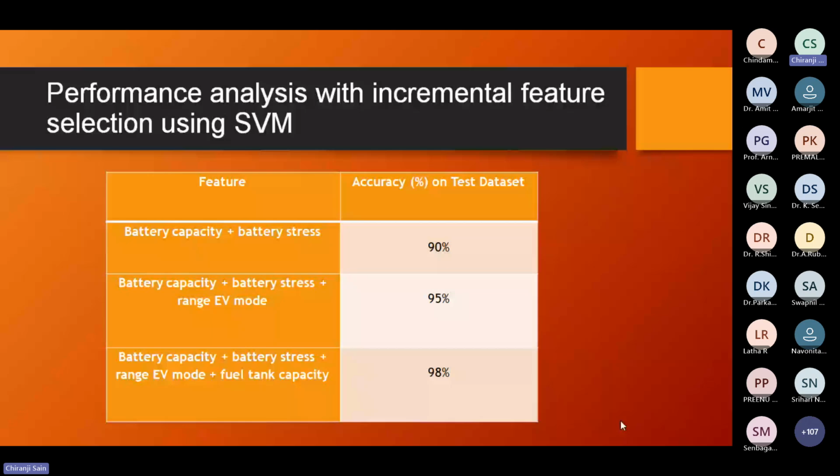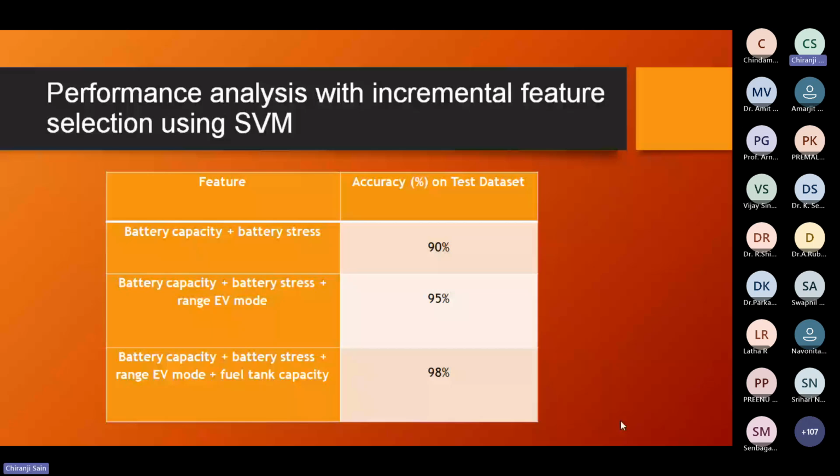Additionally, when the battery capacity, battery stress, and the range of EV mode are integrated together, the accuracy could be enhanced to 95%. And thirdly, when the battery capacity, stress, range, and the fuel tank capacity, the four features in the vector set, are taken into consideration, the accuracy is enhanced to 98%.